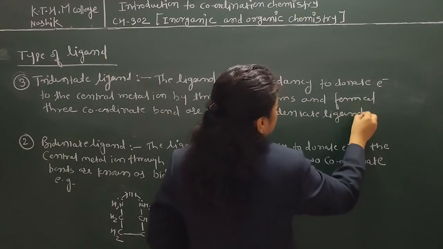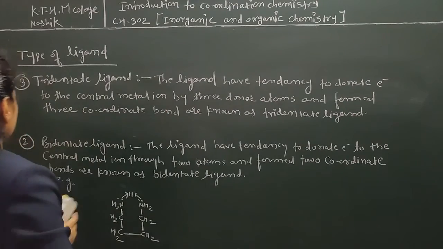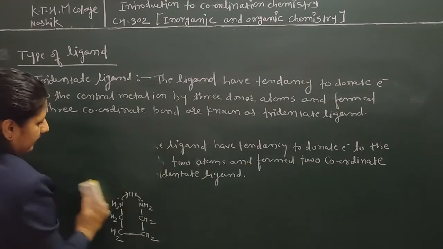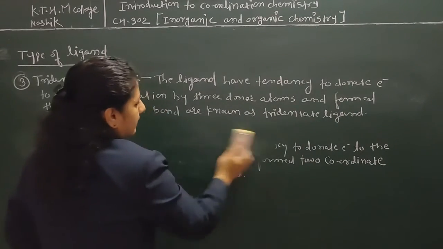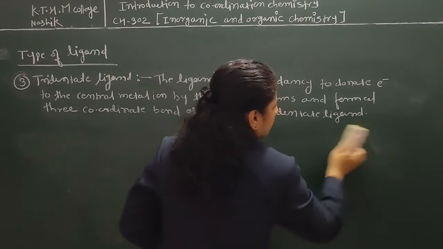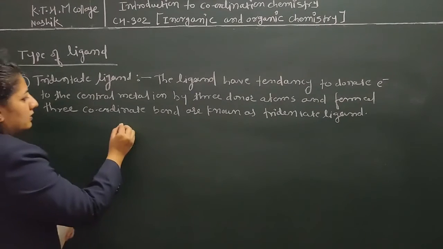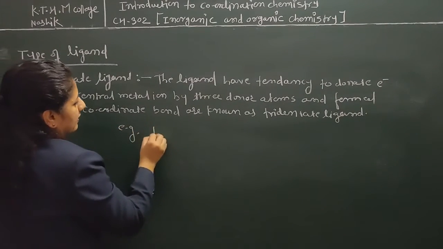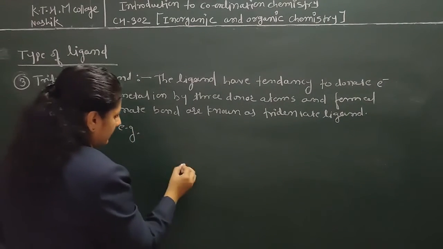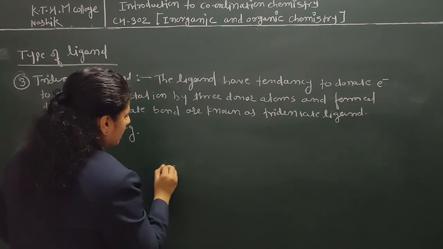An example of a tridentate ligand is diethylene triamine, which can donate through the lone pairs of three nitrogen atoms.